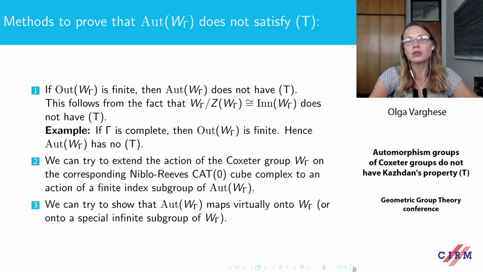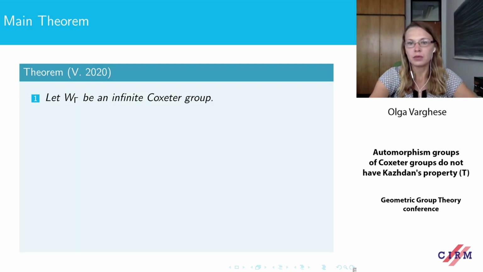Okay, so we can try to show that the automorphism group maps virtually onto W gamma or onto a special infinite subgroup of W gamma. And this is what we are going to do. So let me state the main theorem. Let W gamma be an infinite Coxeter group.